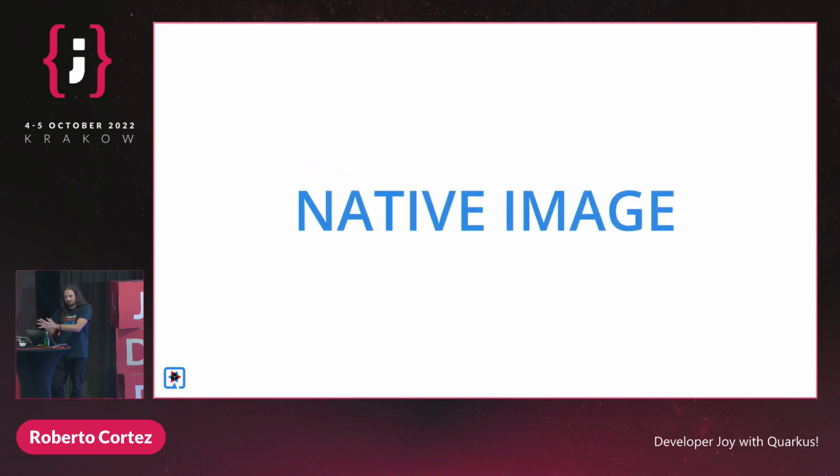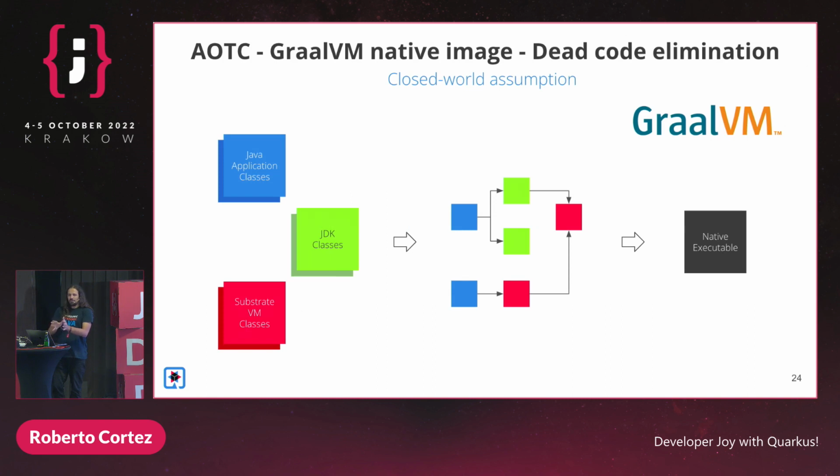Okay, native image. So for native image, there is a project called GraalVM. It's coming from Oracle Labs. It is a very interesting project. So it runs as a regular VM, but has a couple of differences. But one of the features we're interested in GraalVM is something that's called the native image compilation.